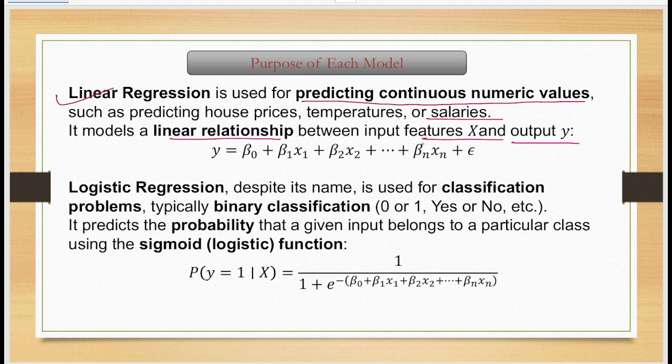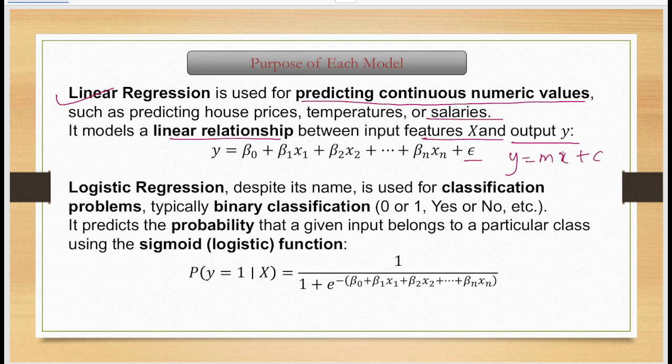The formula is y equals beta naught plus beta 1 x1 plus beta 2 x2 plus dot dot beta n xn plus some error. In simple terms, y equals mx plus c.